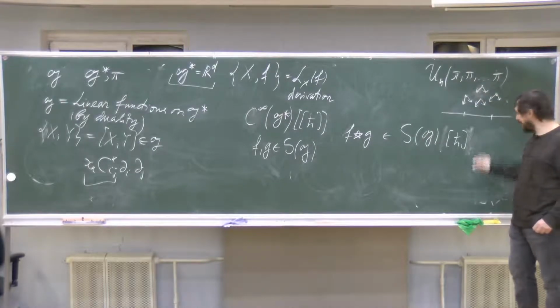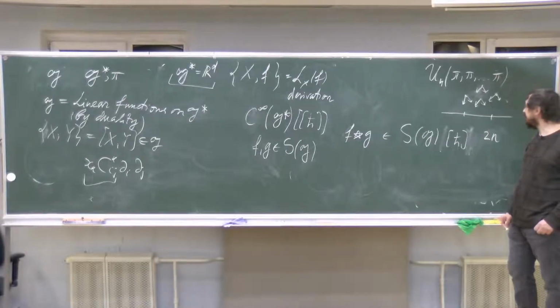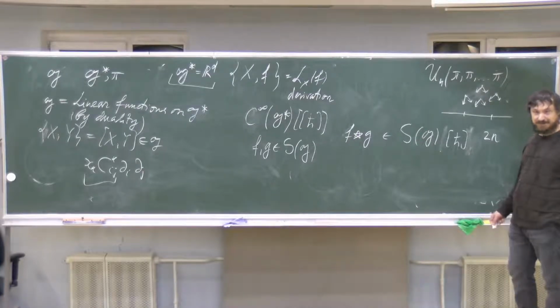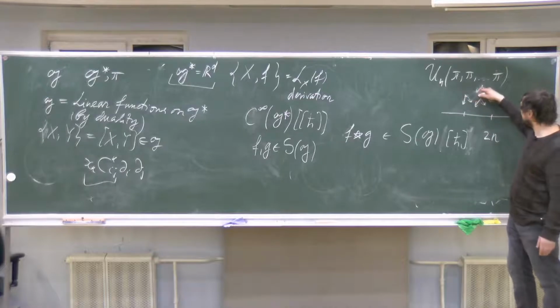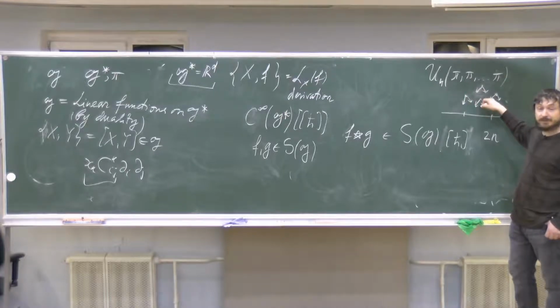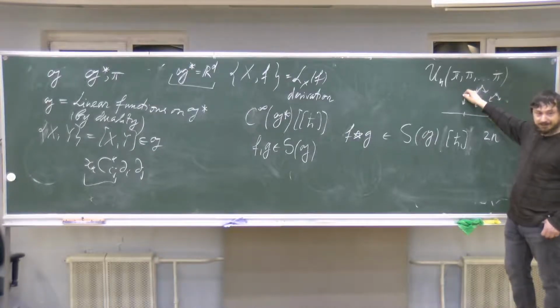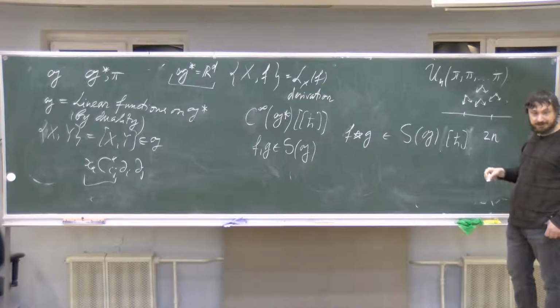In total, there will be 2n arrows leaving points. But how many endpoints should these arrows have? Of course, there should be 2n endpoints, right? But only n of these endpoints can be in the vertices of the first type. Because as soon as you get 2 arrows entering the same vertex, you get 0, because then you have a second-order derivative of the coefficient, and this coefficient is linear.